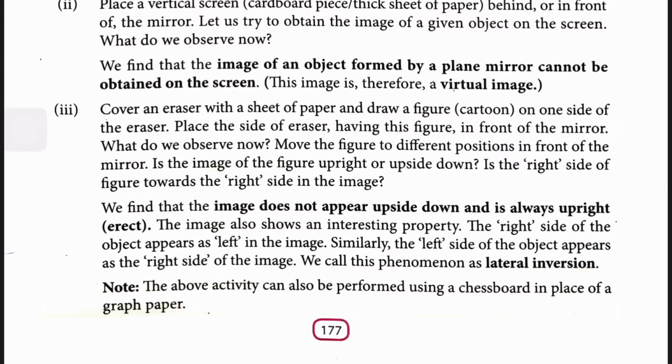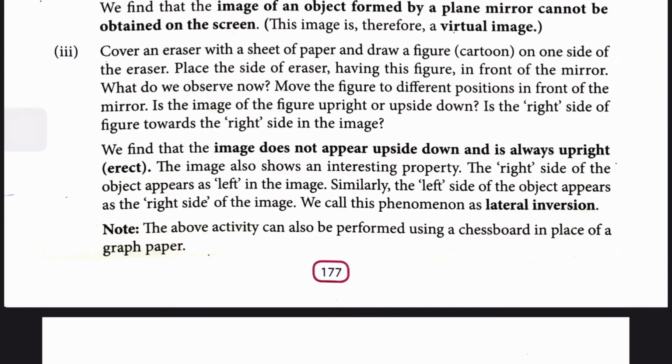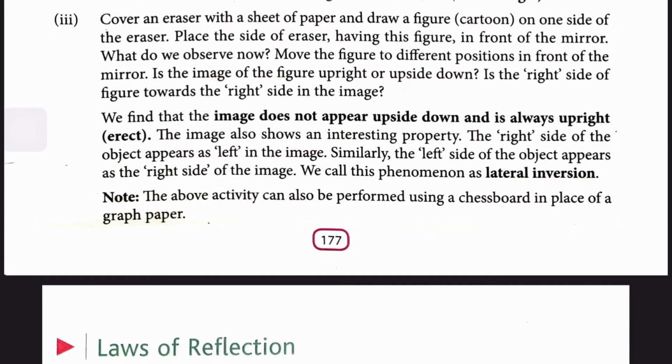We call this phenomenon lateral inversion. So just note, the above activity can also be performed using a chessboard in place of a graph paper.